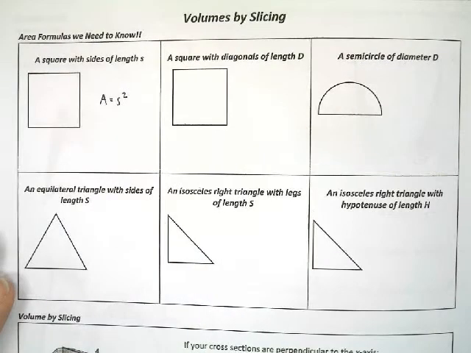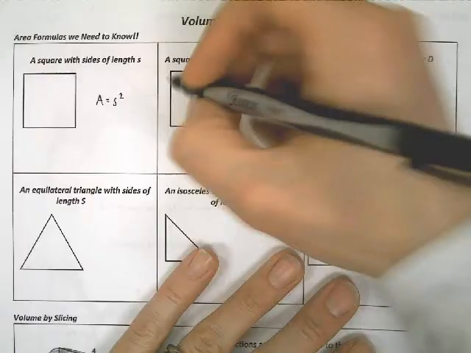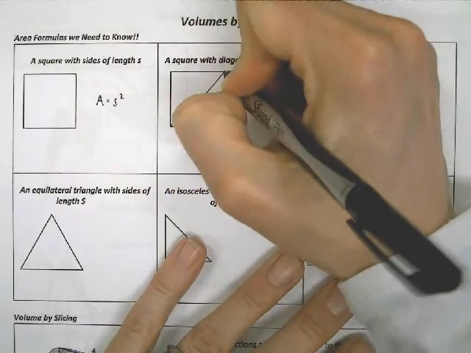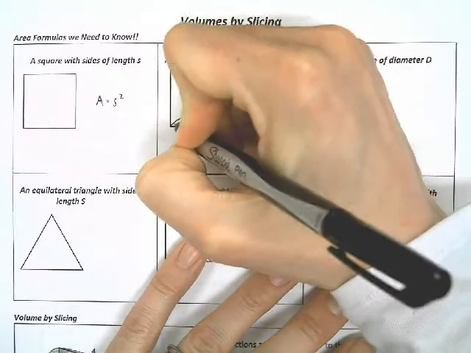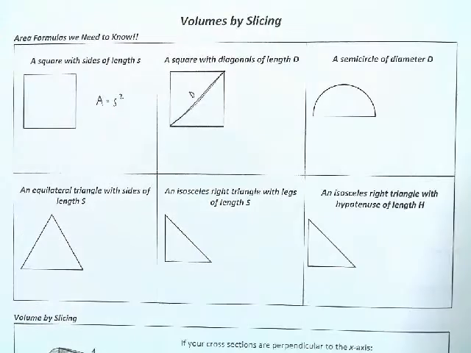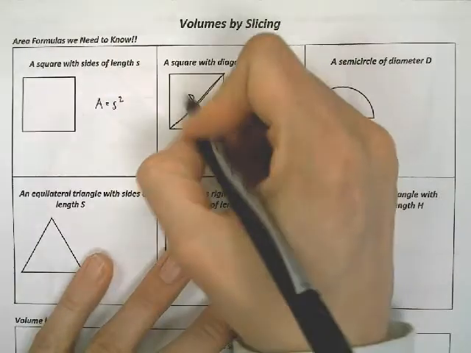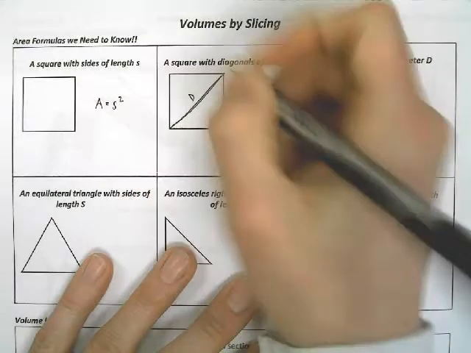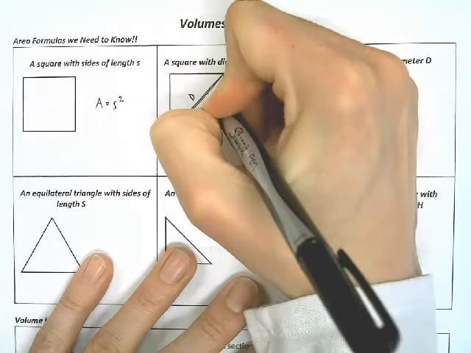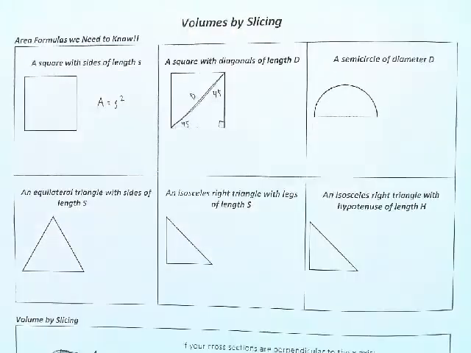Okay. The next one we're going to talk about is how we find the area of a square if we know the diagonal. Sorry, that's not a great straight line here, but if the diagonal is length d. Well, there's a couple things I need to know here. If I draw on a diagonal, I know what I've created now is a 45, 45, 90 degree triangle.